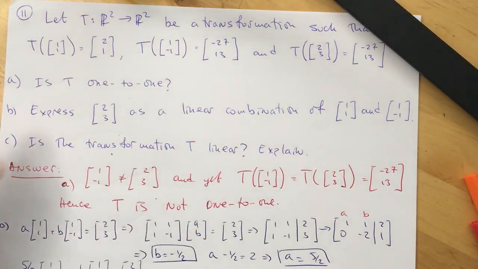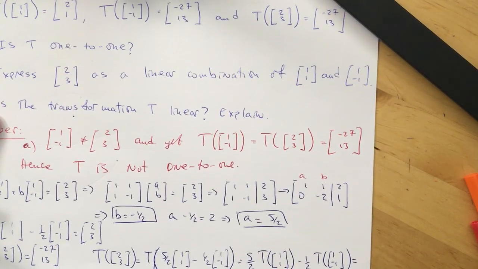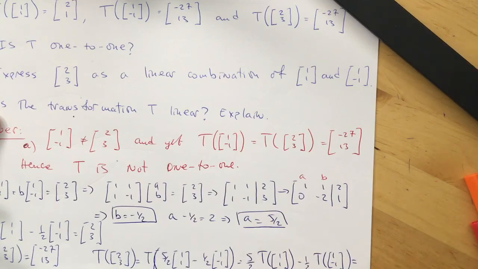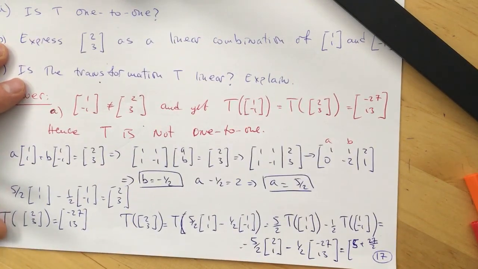which is equal to 5 plus 27 over 2, right? 5 over 2 times 2 is 5, plus 27 over 2, and 5 over 2 minus 13 over 2, which is negative 4.